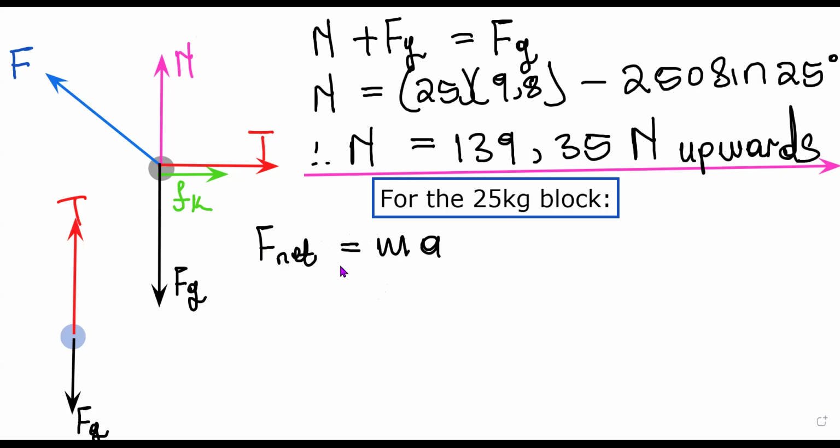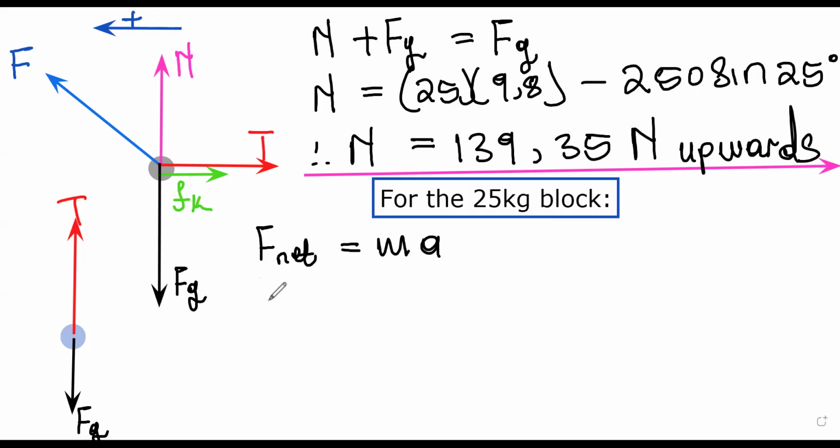And now I'm going to choose the direction of motion as positive. In other words, I'm just going to choose anything that goes to the right, to the left, I mean, as positive. All right. So then what does it mean?